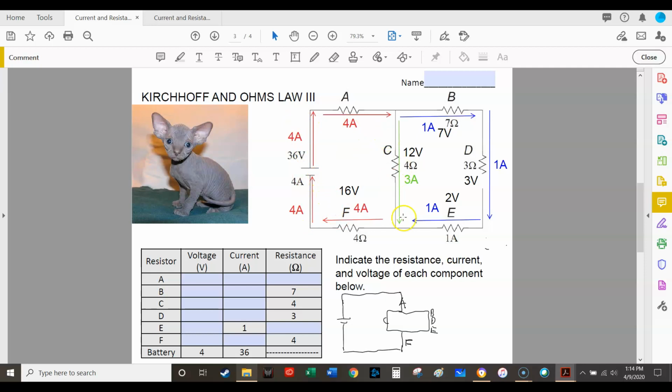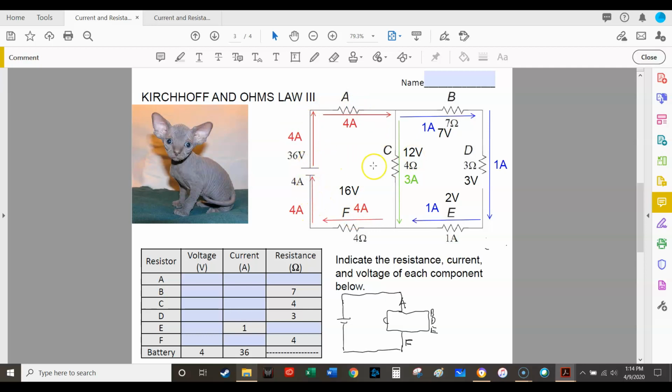And I'm going to follow this loop now. This loop is 12 volts plus 16 volts, which is going to be 28 volts, right? And the total needs to be 36, right? Because this battery is in parallel with A, C, and F. So the voltage at C plus the voltage at F plus the voltage at A has to be equal to what is being produced by the battery.